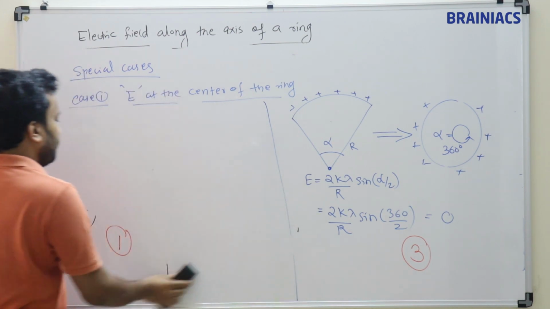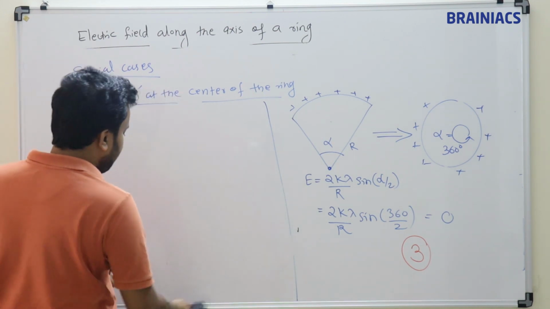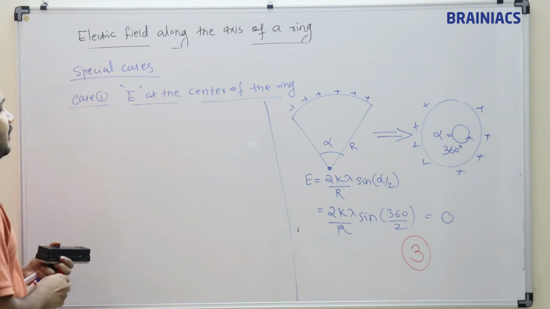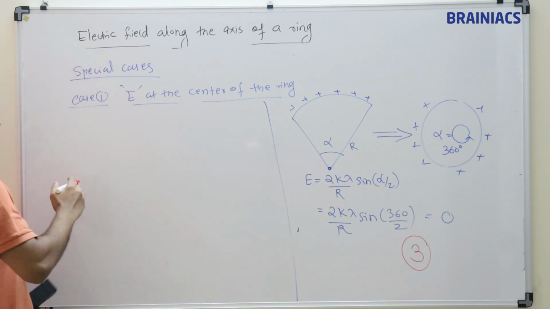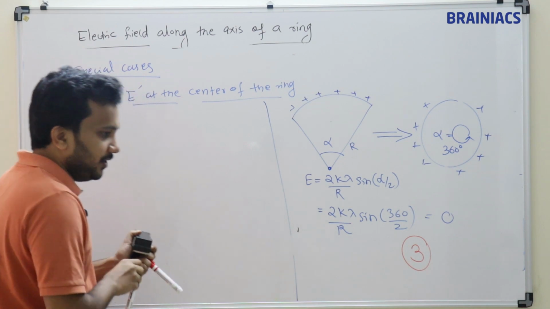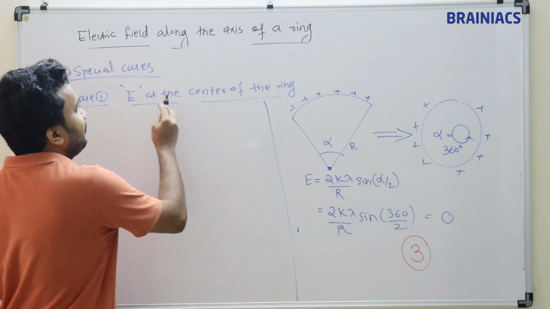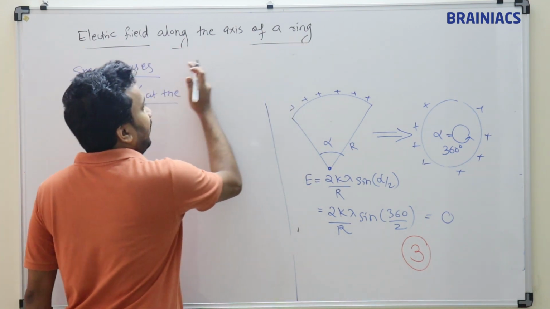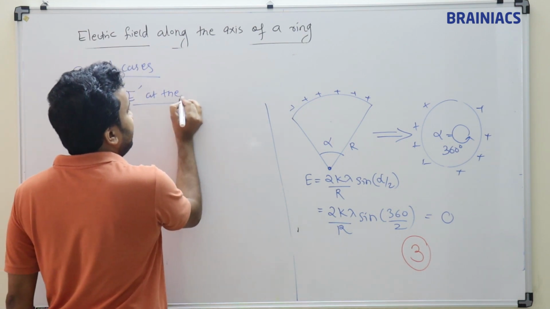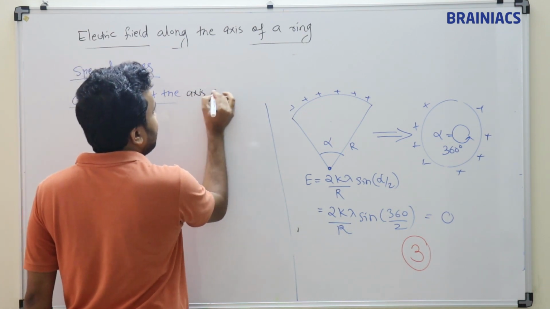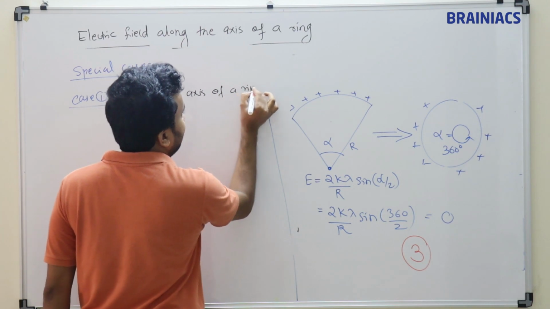So what is case 2? It is nothing but finding the electric field intensity at a larger distance, not a very short distance.